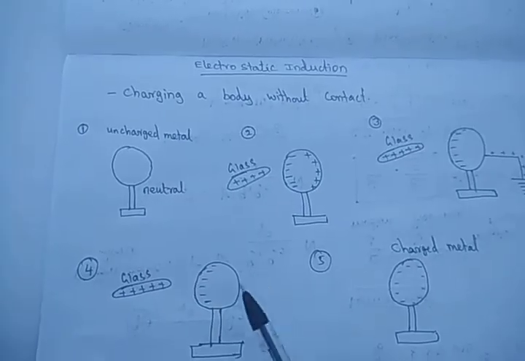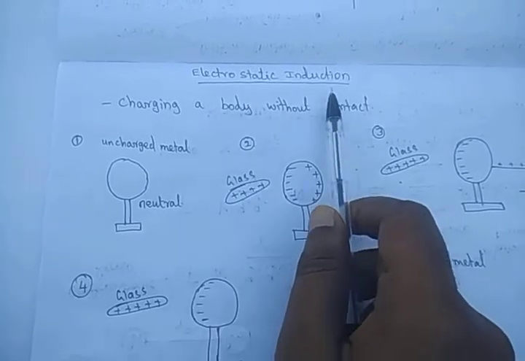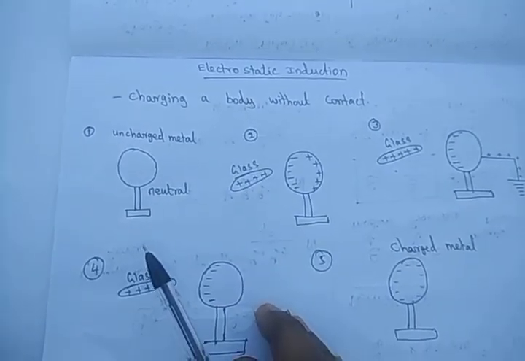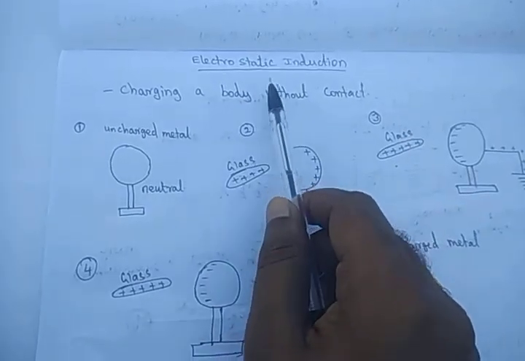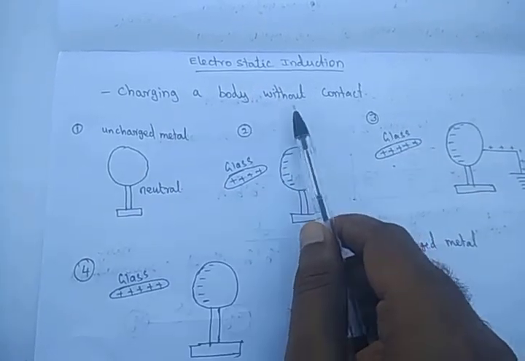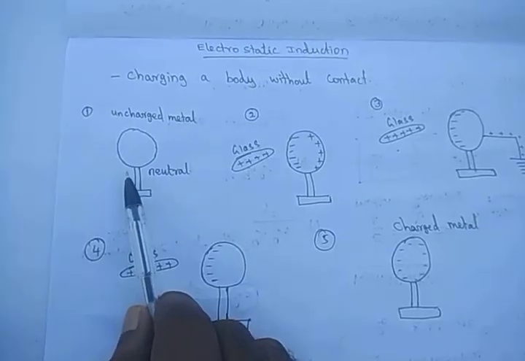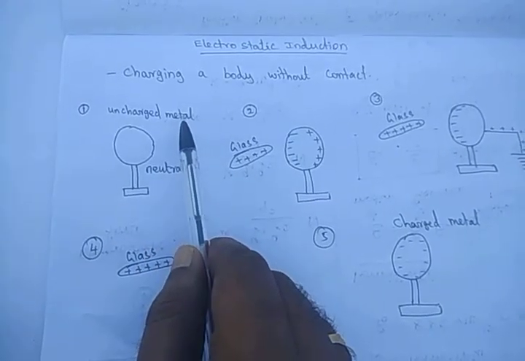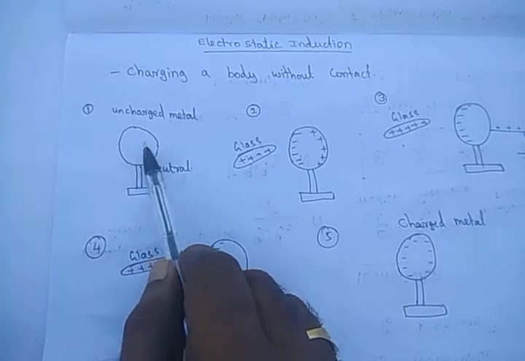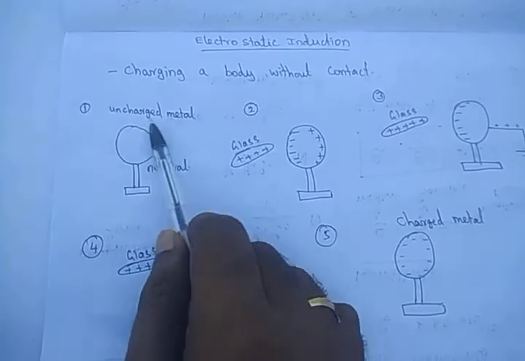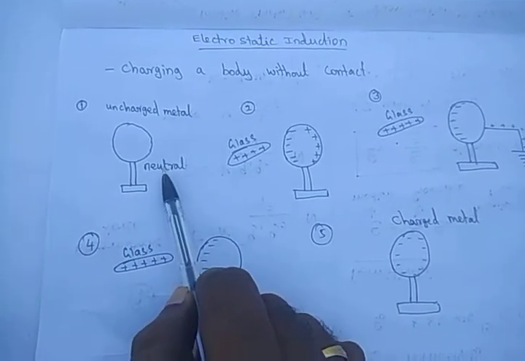Now we will see another important process called electrostatic induction. Electrostatic induction is the process of charging a body without contact. The first diagram shows an uncharged metal. That is, the total numbers of positive and negative charges are equal in this metal. It is a neutral body.